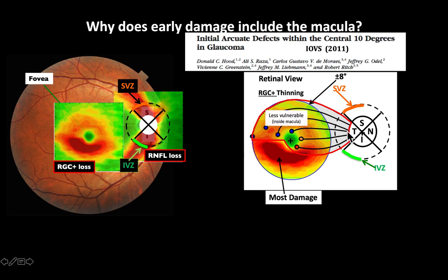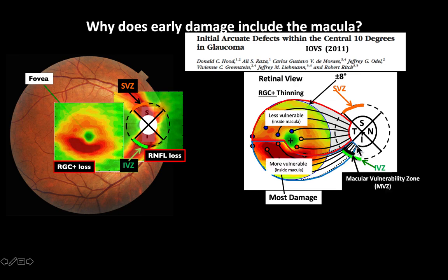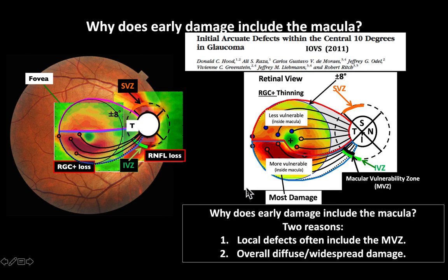However, contrary to traditional thinking, this region is very vulnerable to early damage, because the ganglion cells here send their axons right smack into the most vulnerable region of the disc. We call this the macular vulnerability zone. So here it is over here. That's the temporal, and this is the macular vulnerability zone.